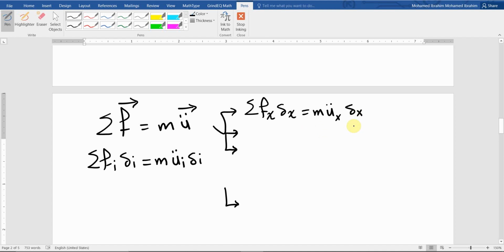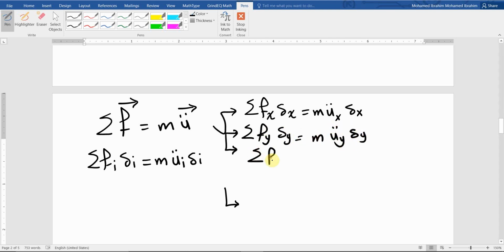It was mentioned that when we apply Newton's method for the dynamics of particles, the sum of forces, you collect the forces parallel to x, equals the mass times the acceleration along x. The acceleration has three components. The same thing, the sum of forces along y should equal the mass times u y double dot delta y.